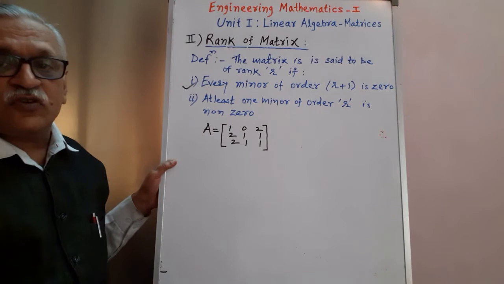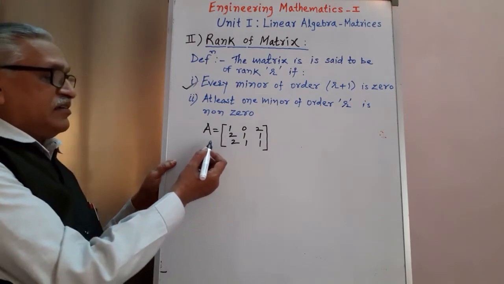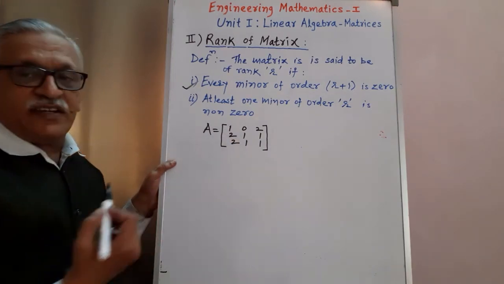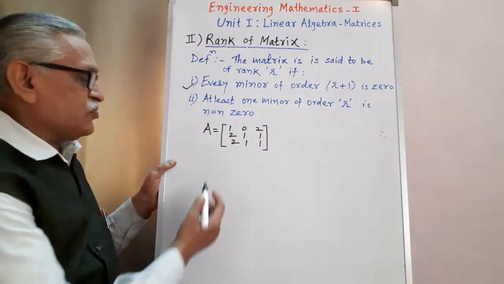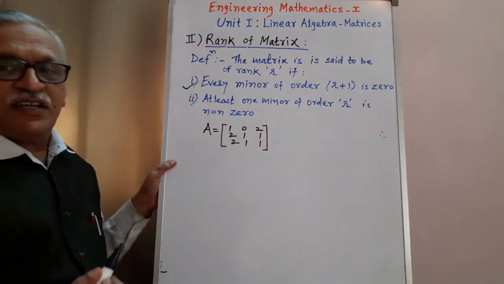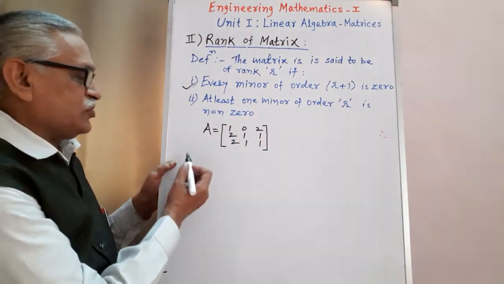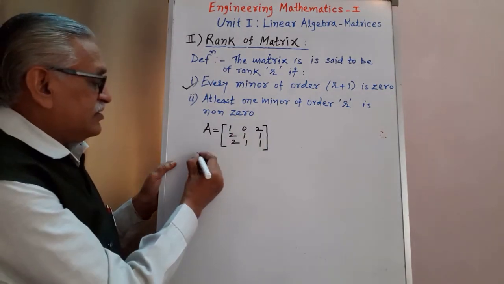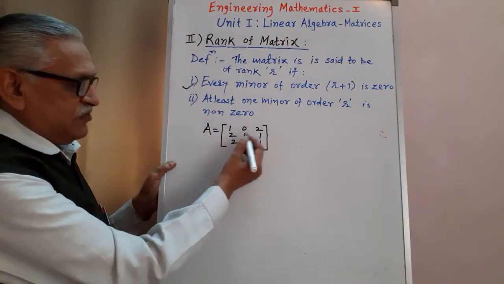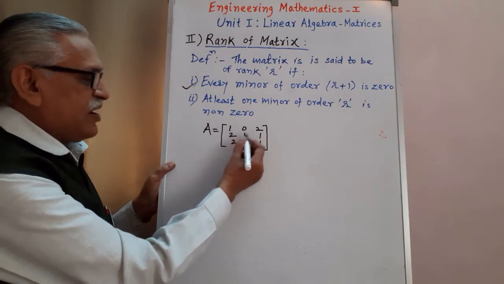Here there are total 9 elements. For every element we get one minor of order 2. Therefore, out of these 9 minors, at least one must be non-zero. Therefore, we check for every element one by one.